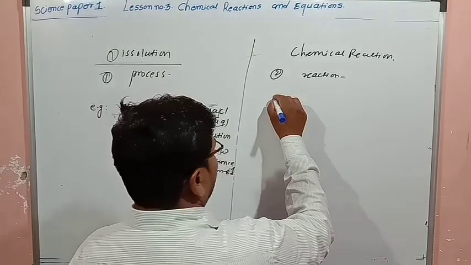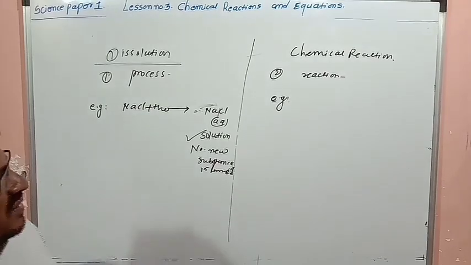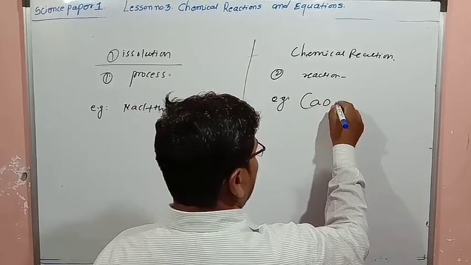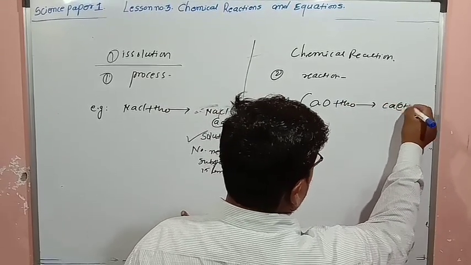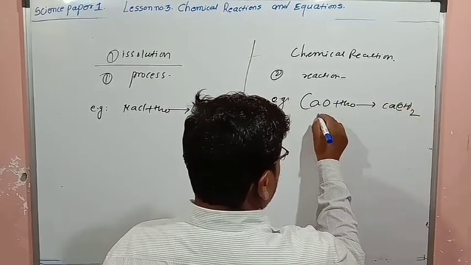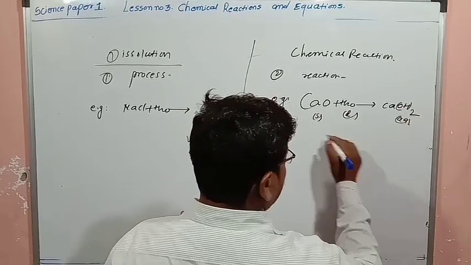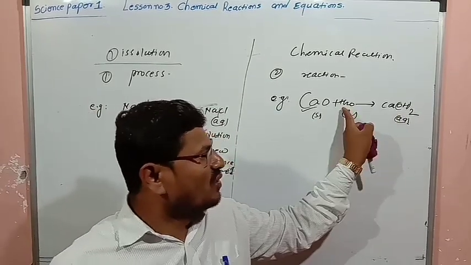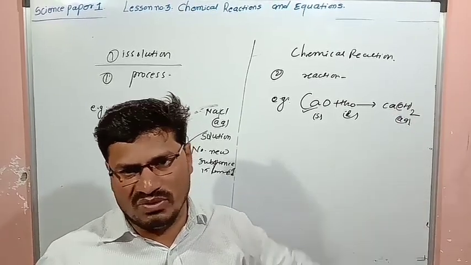And in a chemical reaction, take the last example, CaO plus H2O, and it forms Ca(OH)2. Solid is there, liquid is there, aqueous is there. Here this substance is different, water is there, but a new substance is formed, which is another substance.